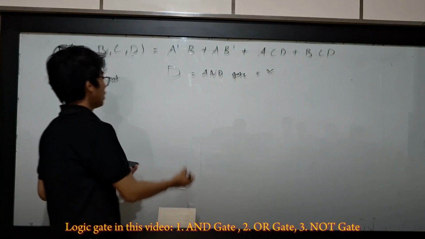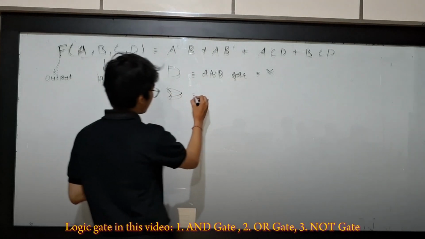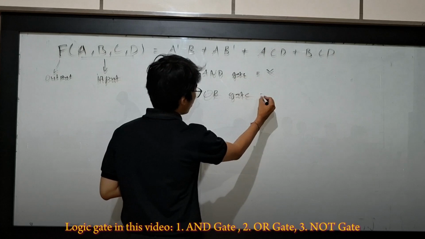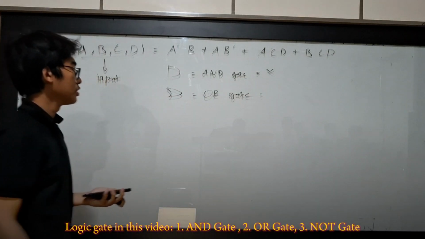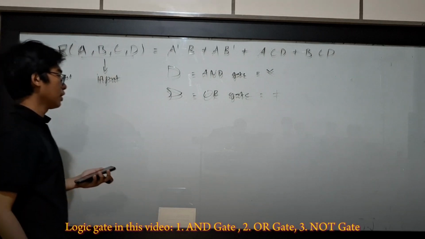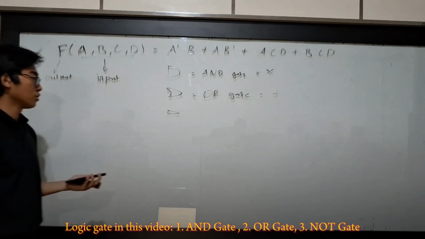And the second logic gate is OR. The OR gate is used for plus, and the last logic gate is NOT.